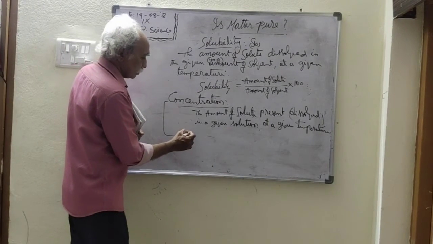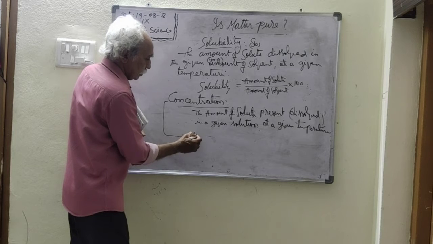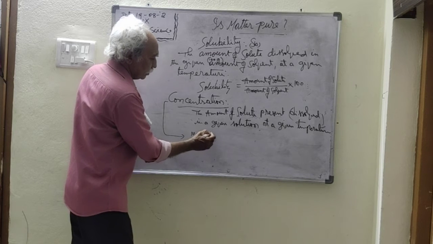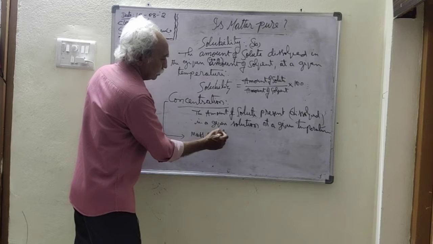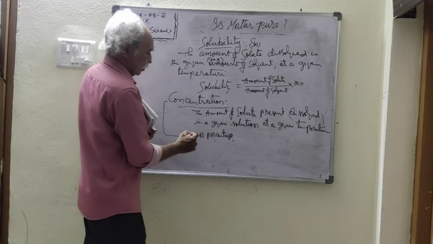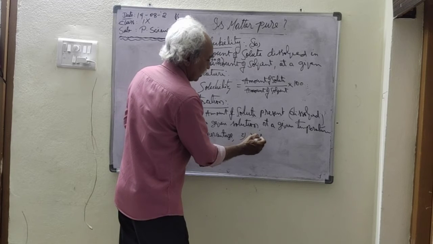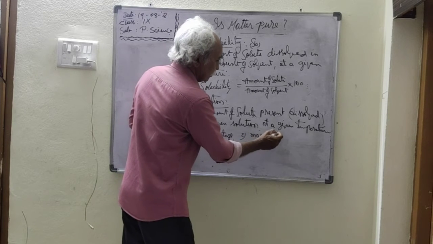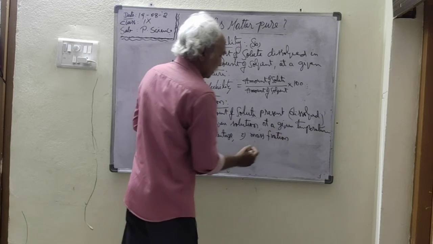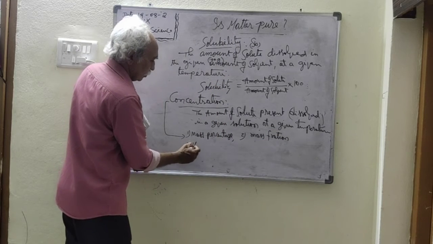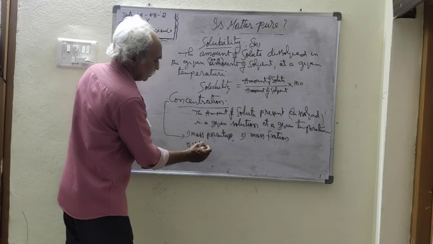This concentration can be represented in different methods. One is called mass percentage. Second is mass fraction. Third is volume percentage.